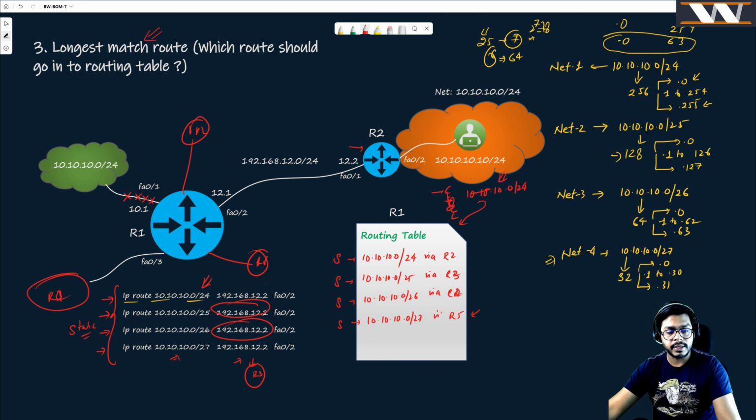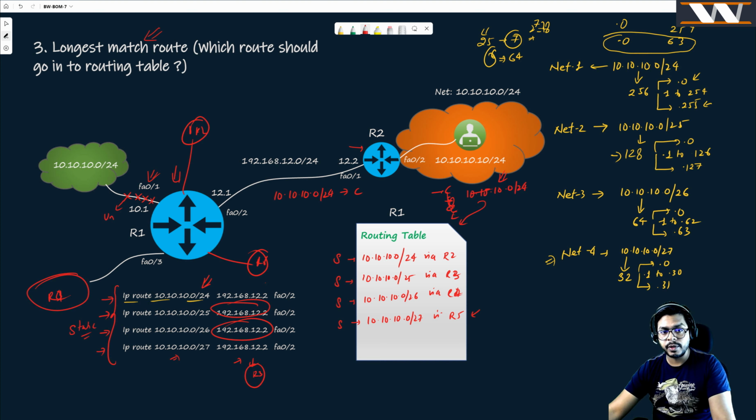What is going to happen if I just log in into this router and make sure that this interface is not shut? I logged into this and run a unshut command here. Now there is a question, right? What is the question? We have another route which is 10.10.10.0/24, which is learned via connected.